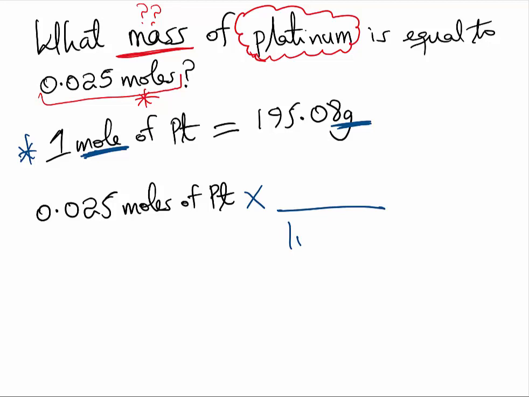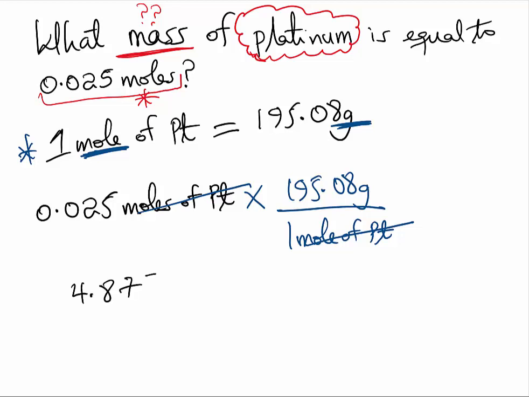In this case, 1 mole of platinum will normally have a mass of 195.08 grams. Moles will cancel out. And then if you punch this into your calculator, you should get 4.877 grams, which we then round to 2 significant figures based on the measurements given to us as 4.9 grams.